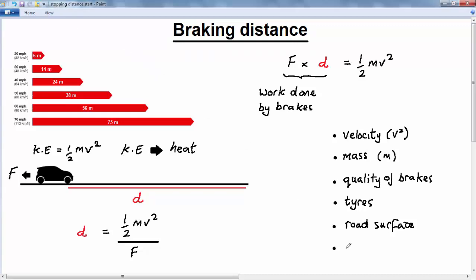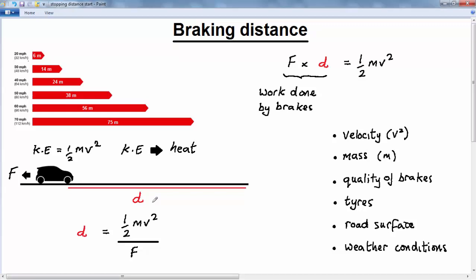So the road surface is important, and then finally it will be the weather conditions. A wet road surface will provide less grip for the tyres than a dry road surface, for example, and so that too will increase the braking distance.